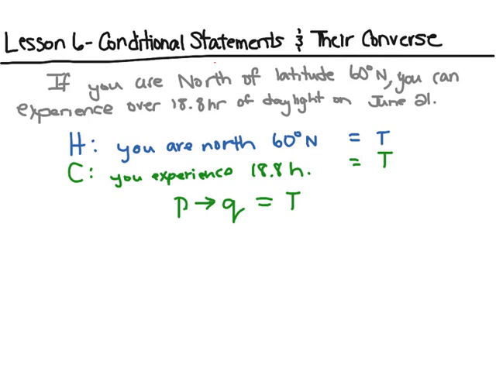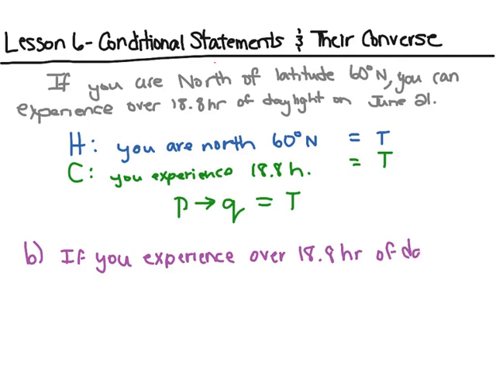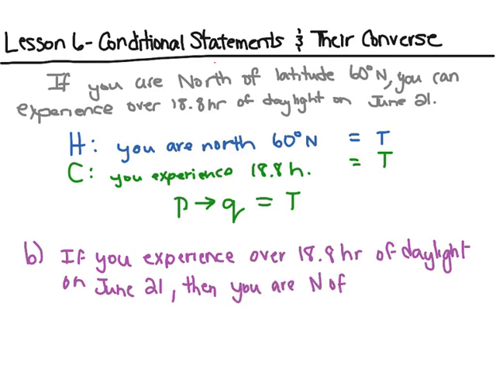Now we want to see what our converse is. So if you experience over 18.8 hours of daylight on June 21st, then you are north of latitude 60 degrees north.